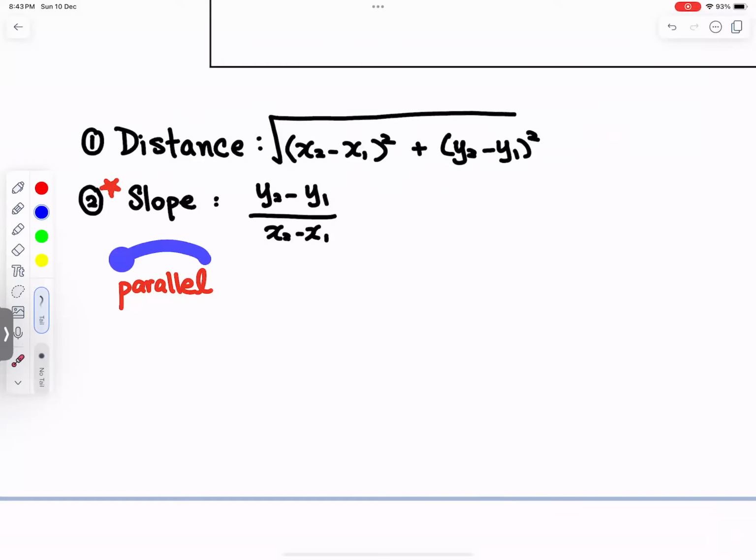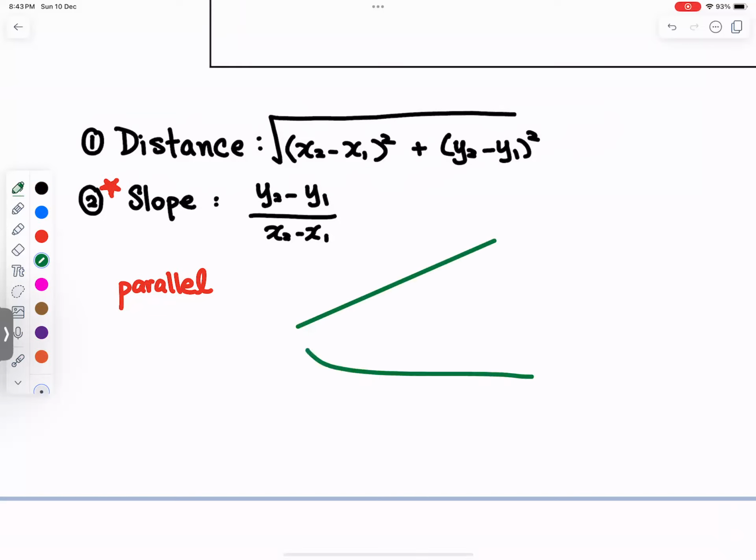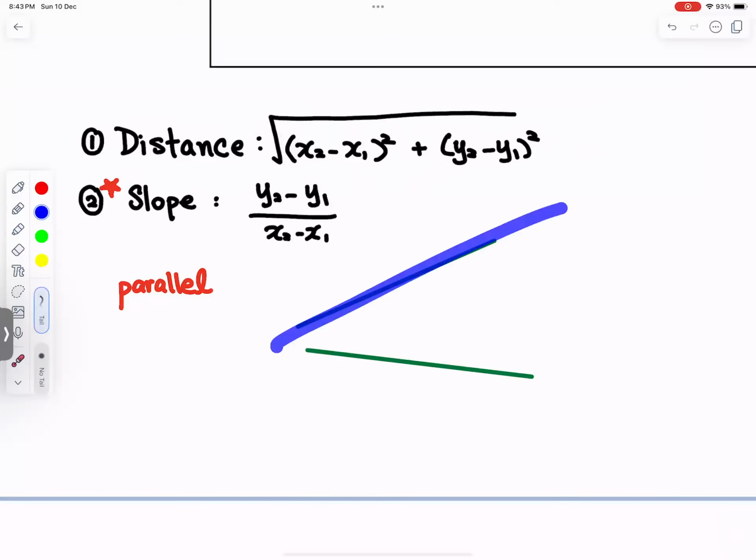And then now what does parallel mean? A line is parallel when the directions of it are going the same. So for example, what lines are parallel? Are these two lines parallel? No, because one is going up, one is going down. They are clashing somewhere. If I draw it longer, they're clashing. If they clash, that means they are not parallel.